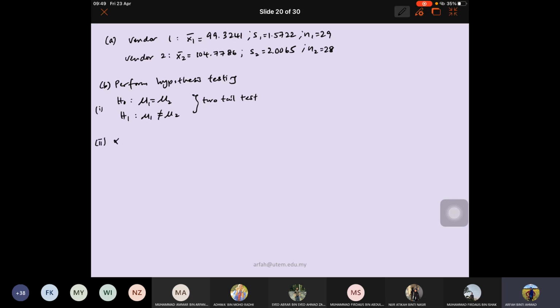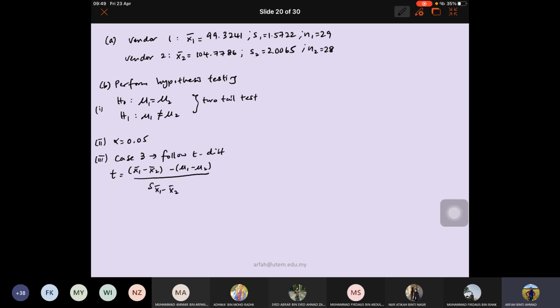Then alpha equals 0.05, 5%, given in the question. So this one is case 3, follows the T distribution. So T equals X bar 1 minus X bar 2 minus (mu1 minus mu2) over S of X bar 1 minus X bar 2.